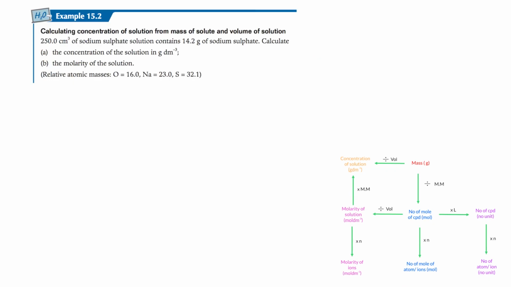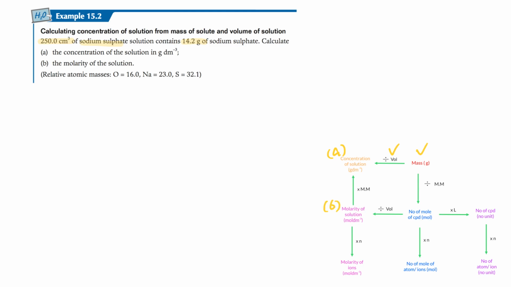Next, we have 250 cm cube of sodium sulfate, and 14.2 grams. So we have the volume and the mass. In part A you need to calculate the concentration, and then you need to calculate the molarity.